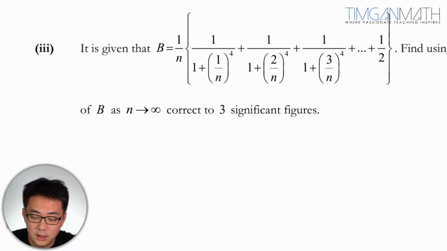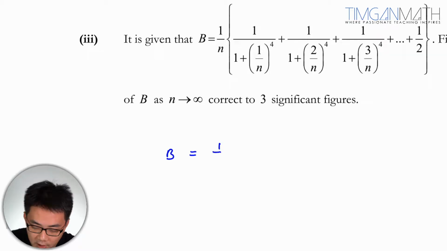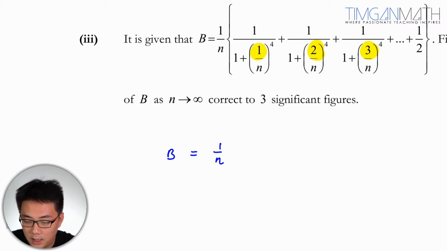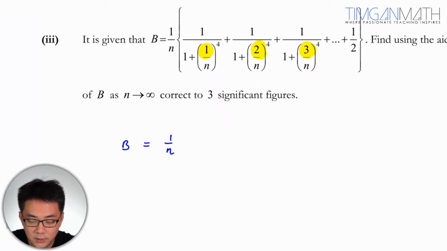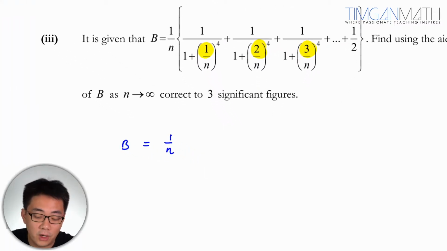So for b, basically what happens is actually 1 over n. n is a constant, by the way. So in this case, what is running is 1, 2, 3, right? And because n goes to infinity, we're going to sub in a very big value of n.